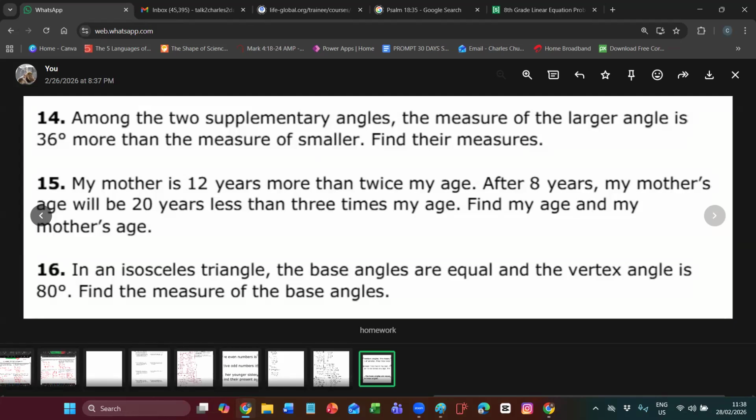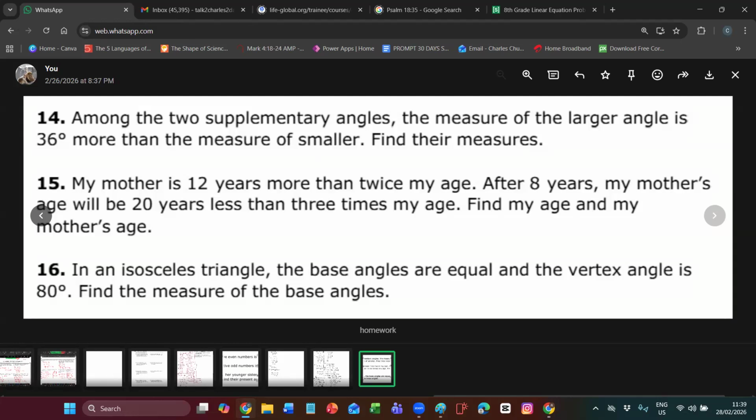But did you take into consideration that my mother's age will be 20 years less than three times my age? Yeah, the equation was 2x plus 20 equals 3 times (x plus 8) minus 20.